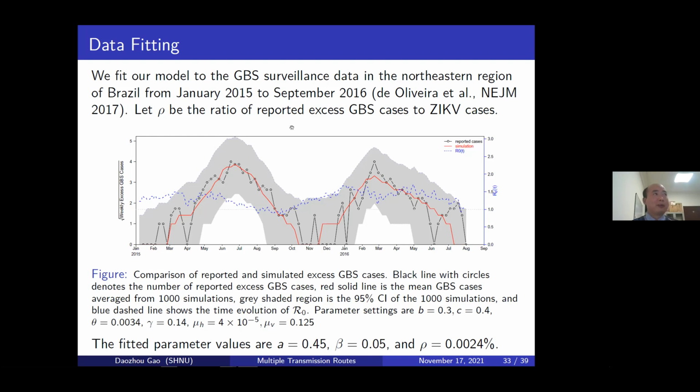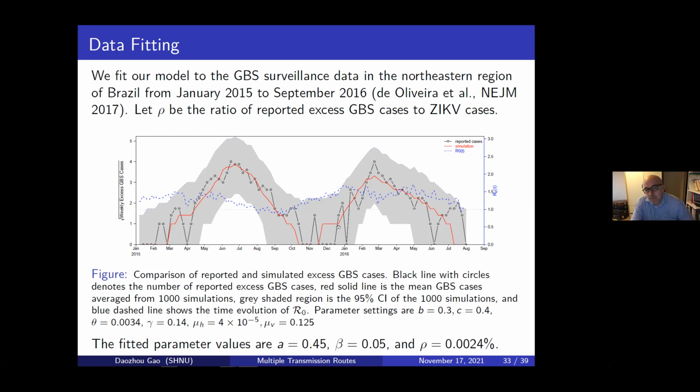In our paper, the editor asked why we did not fit the data to the cases of microcephaly. The microcephaly data does not have two waves, but the GBS data has two waves.